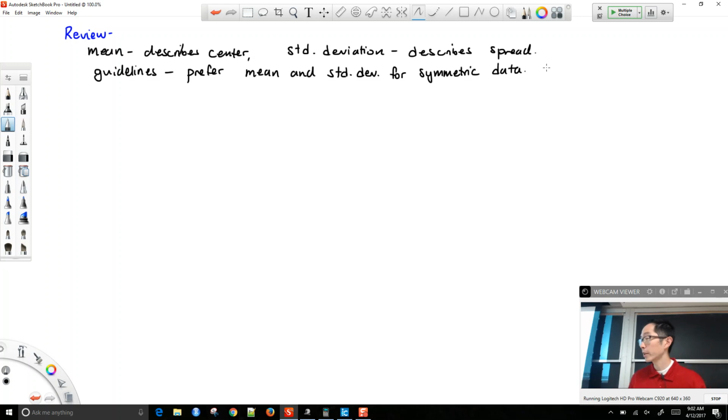The reasoning behind that is that these values are affected by extreme values, so if it were skewed, our mean might be affected by that. Okay.